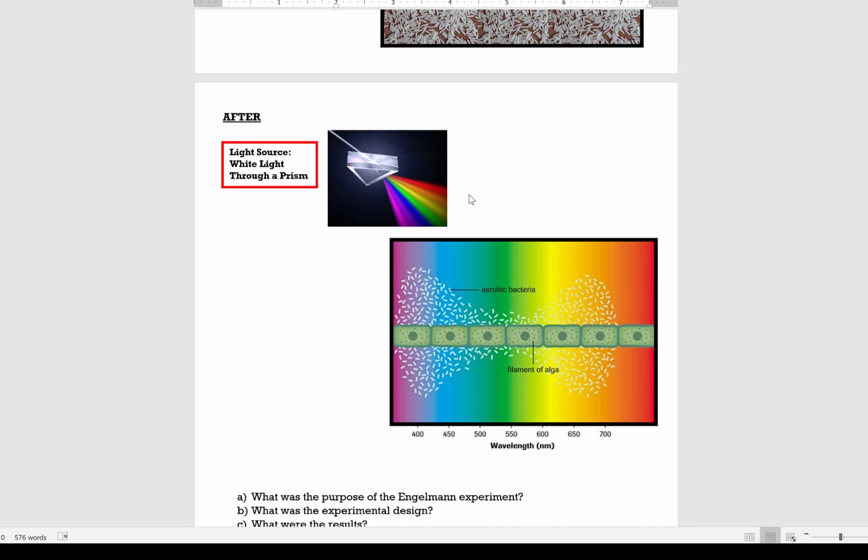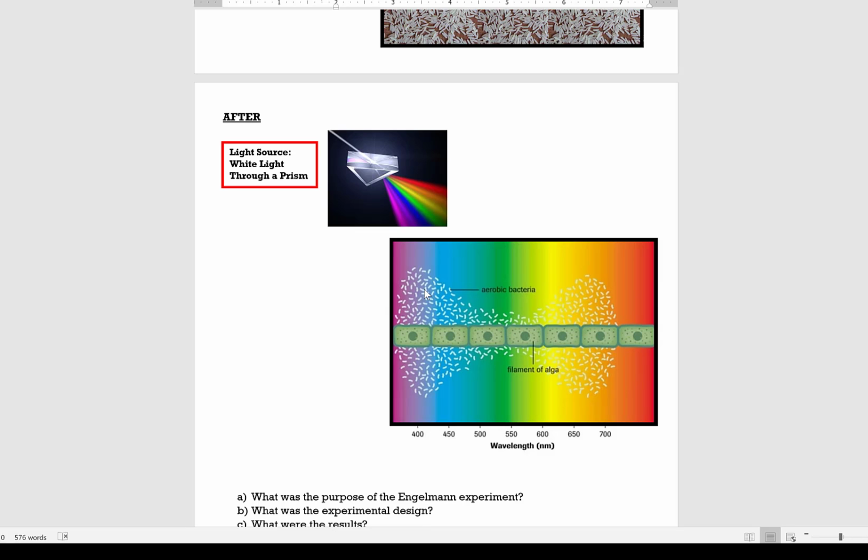different wavelengths of light. And so a rainbow results. And then he used that as a light source for his bacteria and algae on the microscope slide. And over time, he noticed that the bacteria moved.